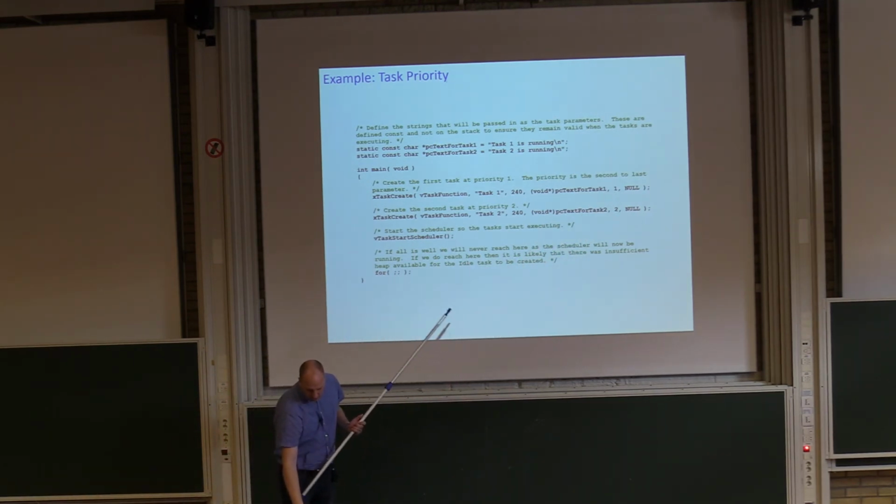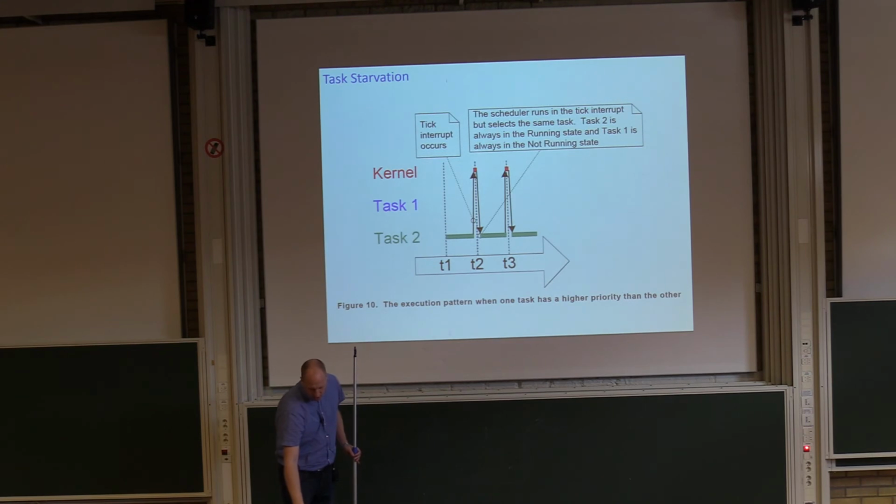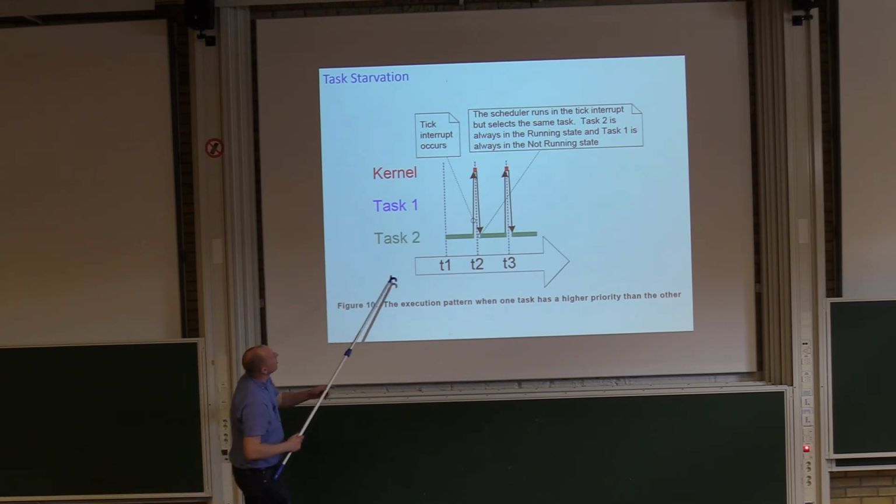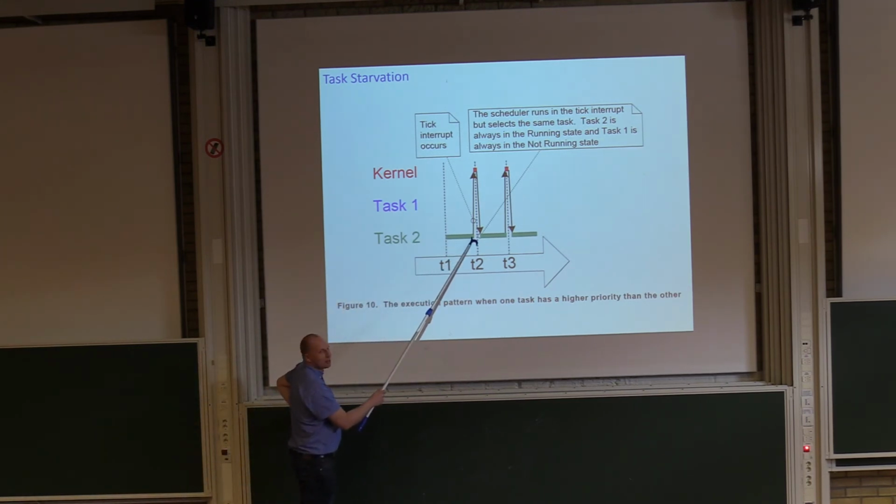In this case, task number 2 will have higher priority than task number 1. So what will happen here is that you get something like this. Task number 2 starts, and then what you asked about, there will be the tick, and it will see that nothing has changed. It will continue with task number 2.